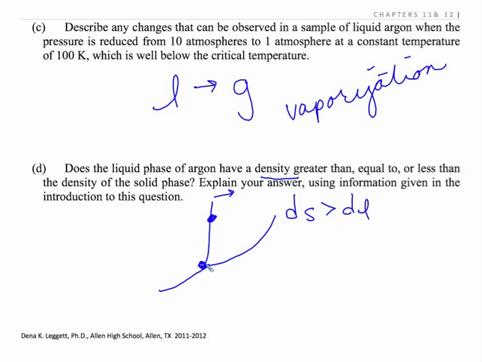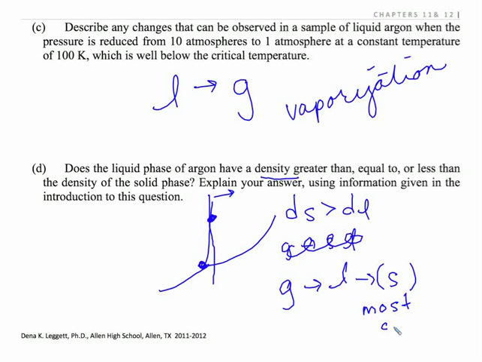So the freezing point was over here and the triple point was here. If you compress it, if you increase the pressure, you go from gas to liquid to solid. So that means compression ends with solid last when you go right along there. Gas to liquid to solid. So that means the solid must be the most compressed.